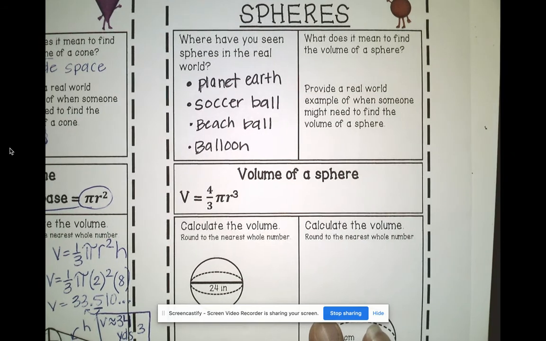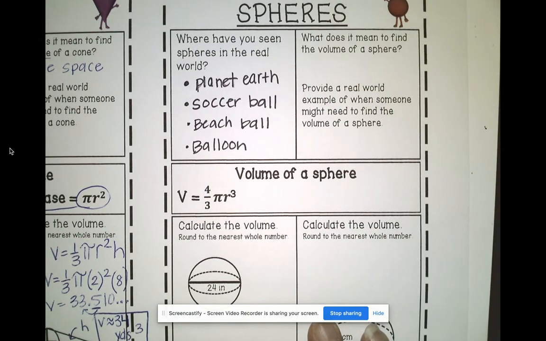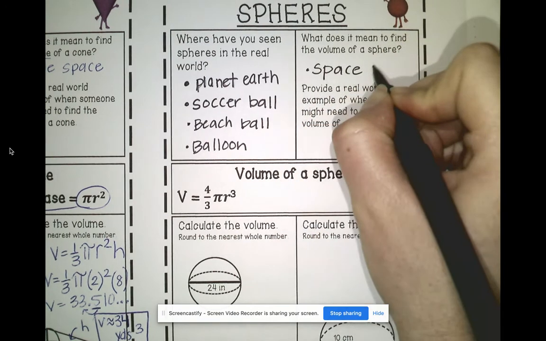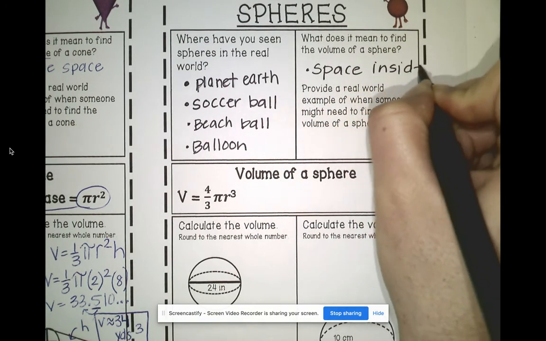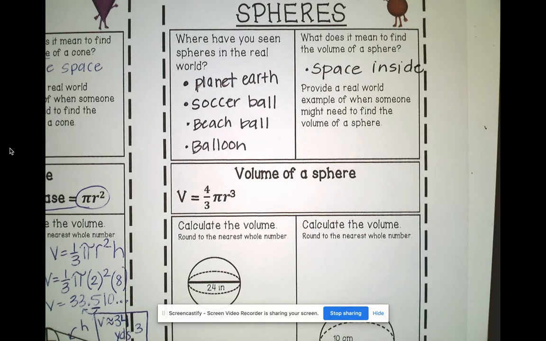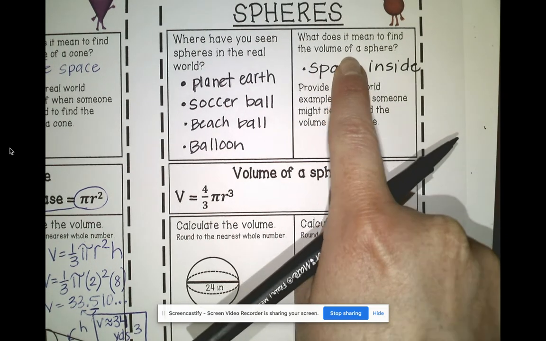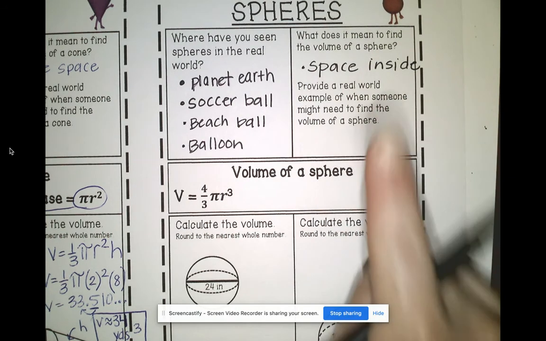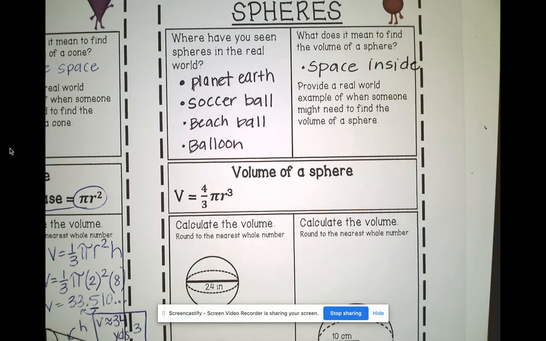So what does it mean to find the volume of the sphere? You are finding the space inside that circle. Notice that was key in all four of them. Volume is that space inside. How much air would we need to fill a basketball?